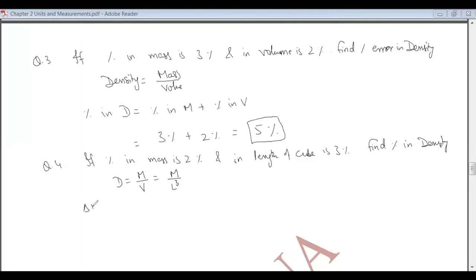Now the relative error in the density, delta D upon D, and if we multiply it by 100, this becomes the percentage error, will be equal to delta M upon M into 100 plus 3 delta L upon L into 100. Now this quantity delta M upon M into 100 is given as 2%, plus 3 times this quantity is given as 3%. So the answer is 11%.